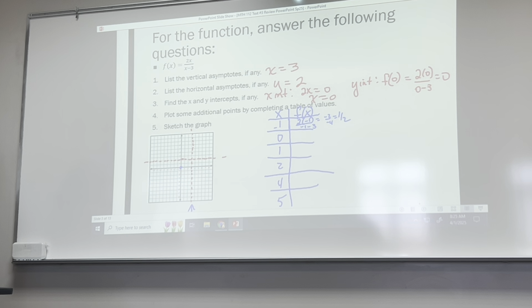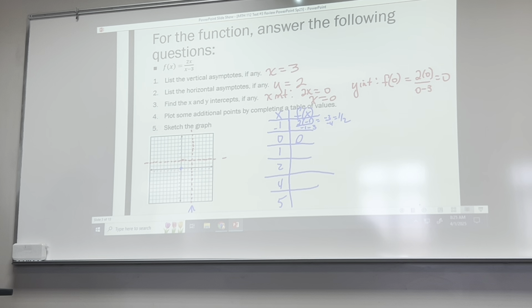If I put a 0 in, I know that's a 0. We already found that, that was just the x and y intercept. If I put a 1 in for x, that'll be 2 times 1 over 1 minus 3. So that's 2 over negative 2, which is negative 1. If I put a 2 in for x, that's 2 times 2 over 2 minus 3.